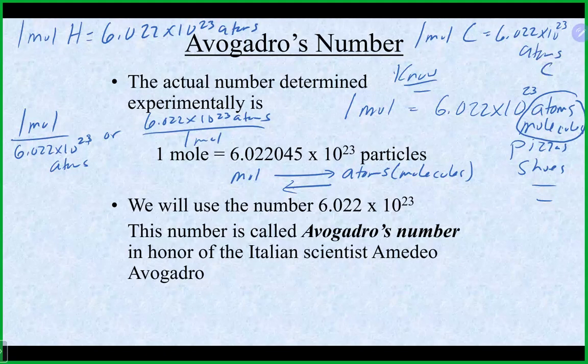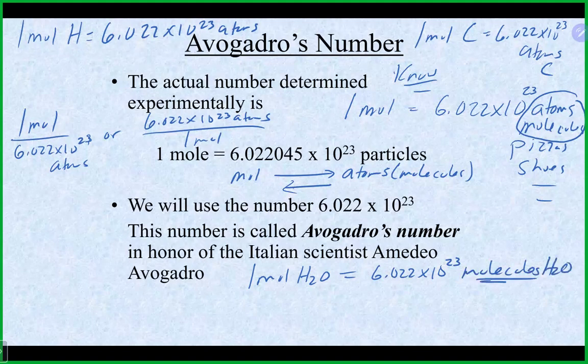By the way, it doesn't matter if it's an element or a compound. If you had 1 mole of water, that would give you 6.022 times 10 to the 23 molecules of water. Here we use molecules because water is a molecule, whereas when we're dealing with an element, we typically use atoms as the unit. So the unit for Avogadro's number changes, but the number is obviously the same.